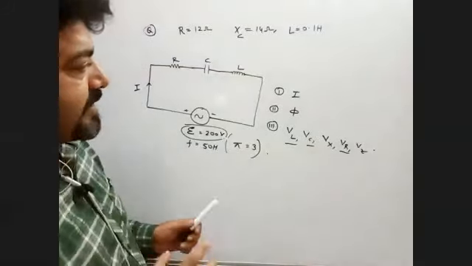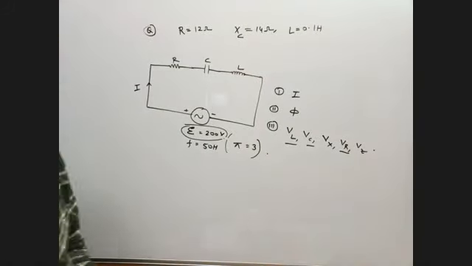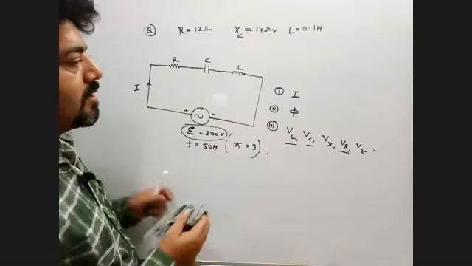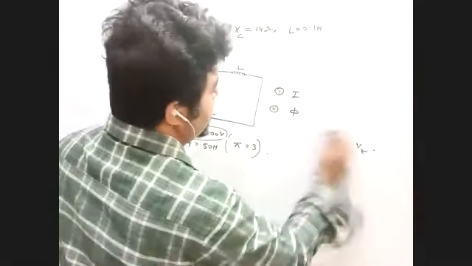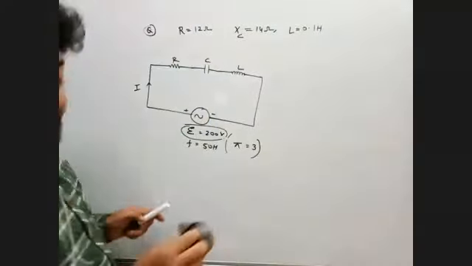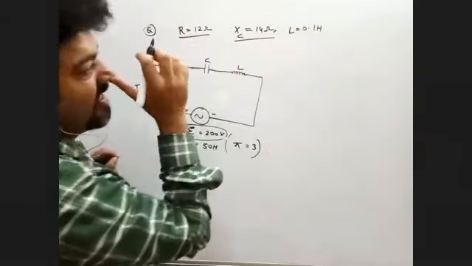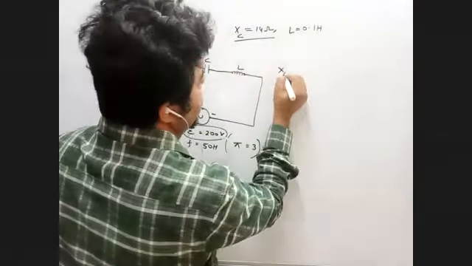Okay, so in this question, first of all, am I audible? Yes, sir. Okay, so in this question, R is given, XC is given, so you have to find XL.